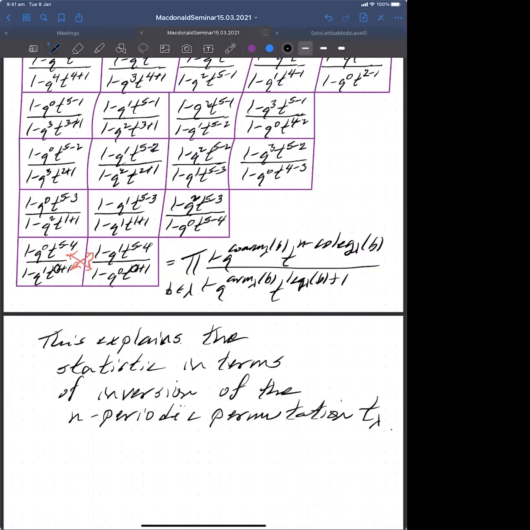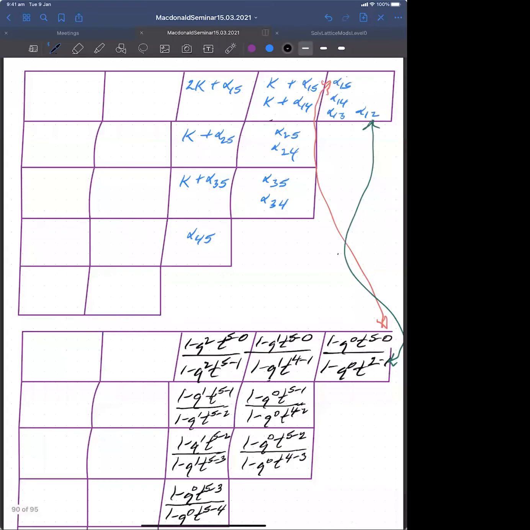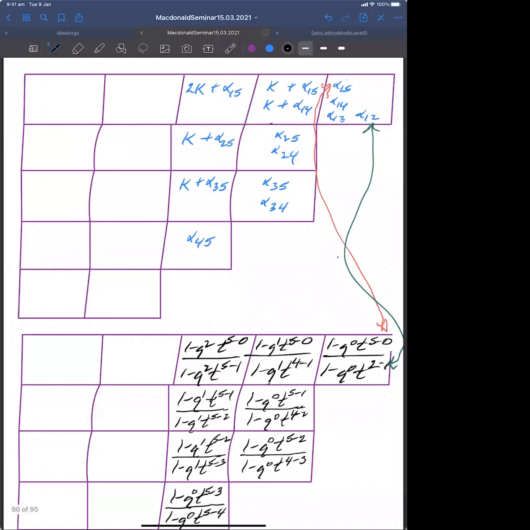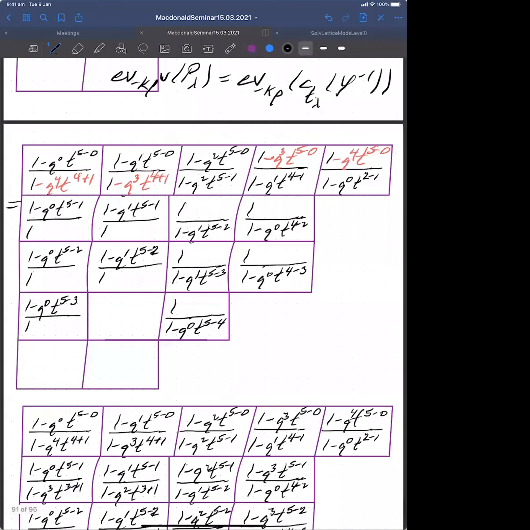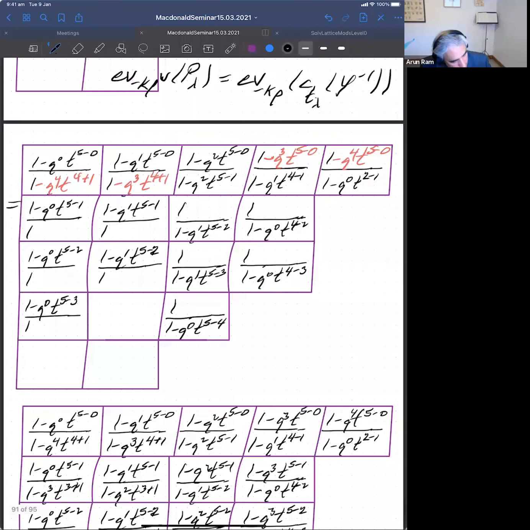Sorry, I have a question, sir. Yeah. So for filling in the denominator in the first box, you put t to the power 4 plus 1 because there are 4 boxes below that, right? The first column. Yeah. So 4 plus 1. This is the leg.